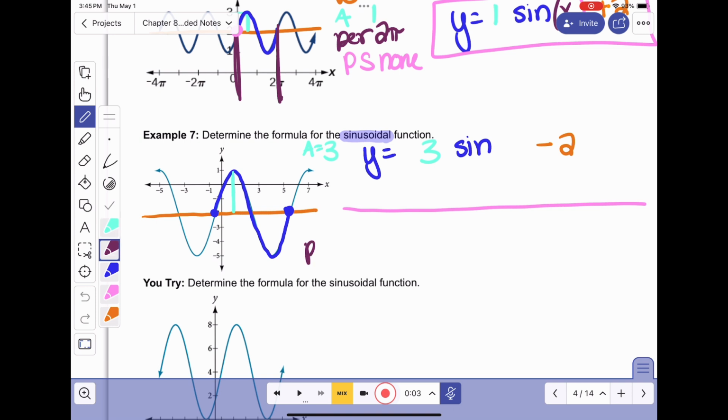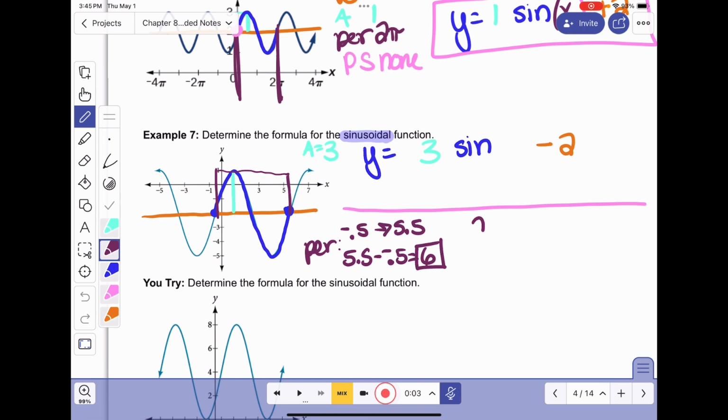Then we look at our period. So we start at about -0.5 and we go until about 5.5. So if I subtract 5.5 minus -0.5, I get 6. Just like to find the period, we did 2 pi divided by the number.